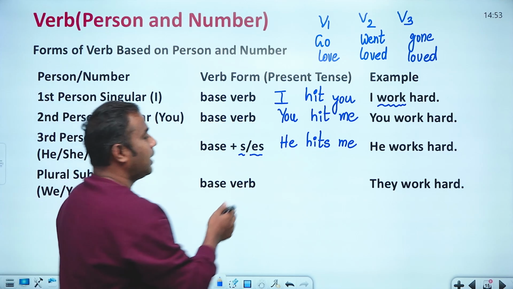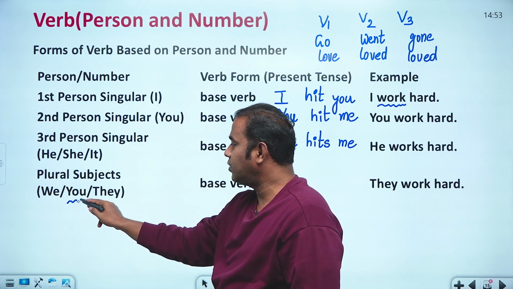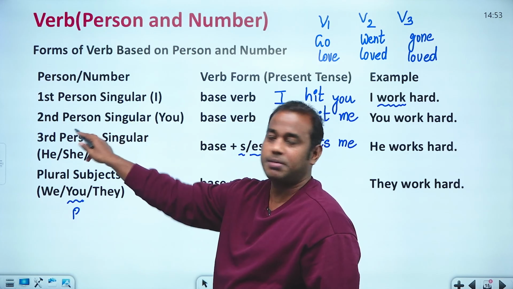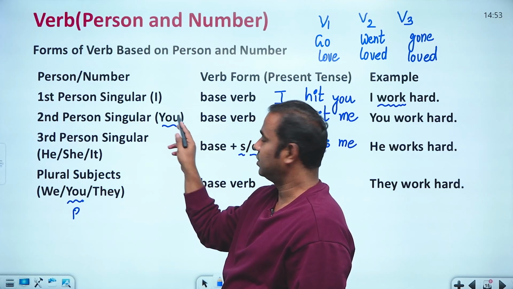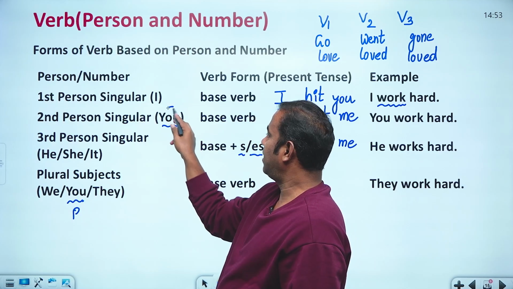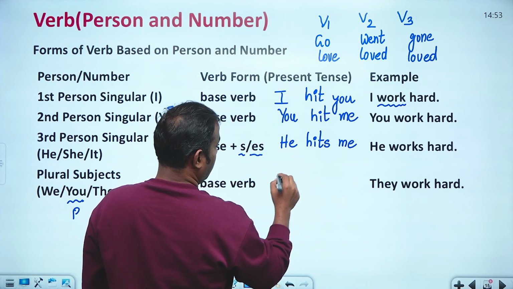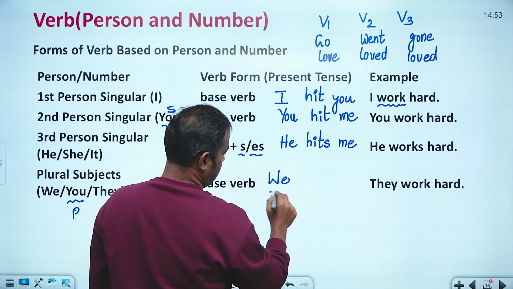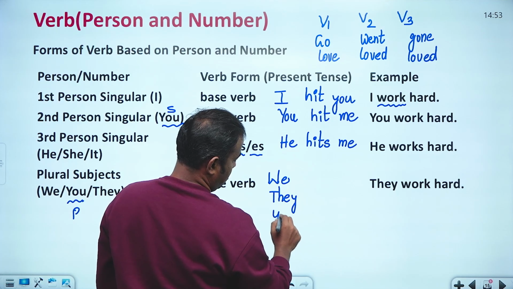Likewise, this plural form we, you is also a plural form, and you in second person singular is also the same word. The word is not going to change, so please be mindful about it. Then in plural form: we, they, you.